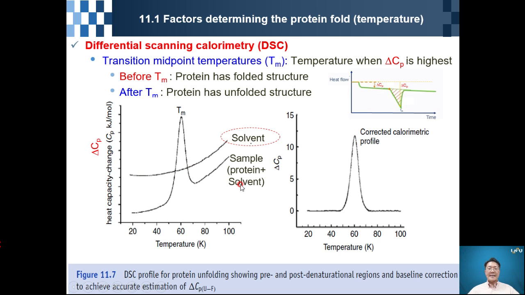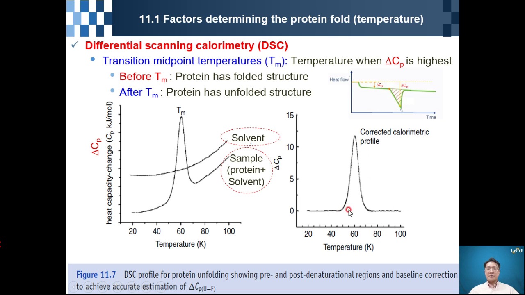However, the sample consists of protein and solvent, so delta Cp increases like this, but at a certain point delta Cp increases abruptly. After that, delta Cp decreases abruptly like this. So we have two graphs like this. Now by using these two graphs, we can make the corrected calorimetry profile, which looks like this.